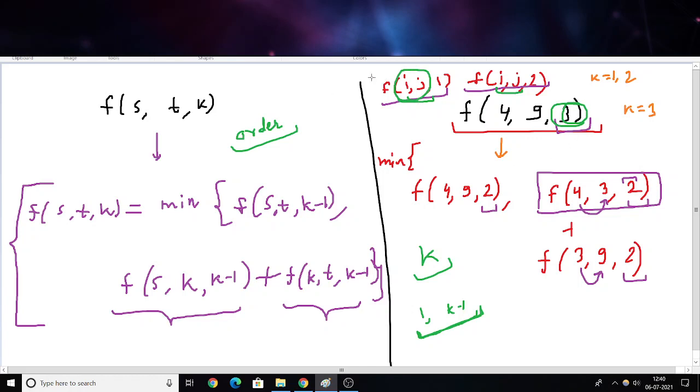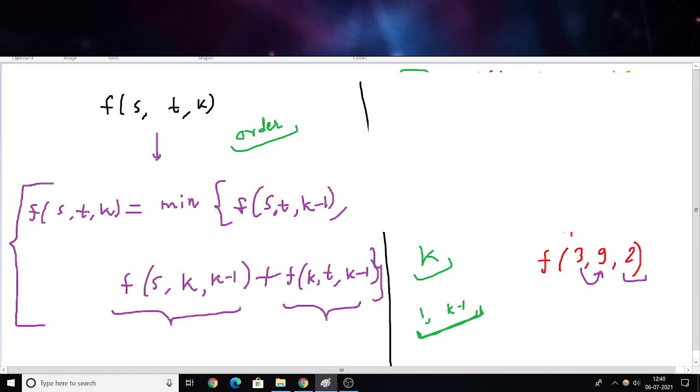One last thing, what would be the base case? For the base case I would say k equal to 0. So if k is 0, then this is f of i j 0, meaning that we want to reach from city i to j, but we are not allowed to use any city. Of course, we can use city i and j anyway, because they are part of this.